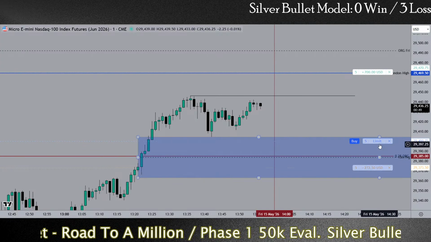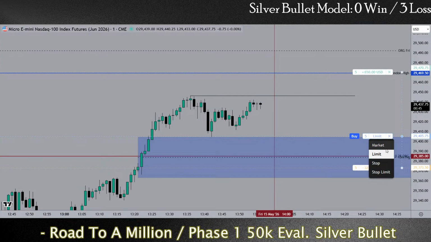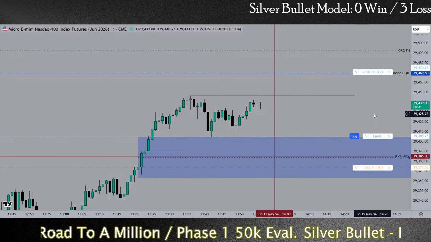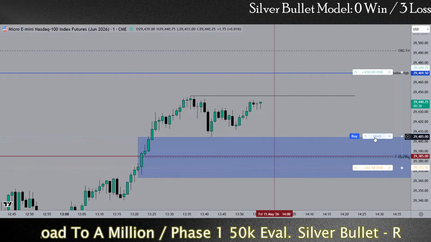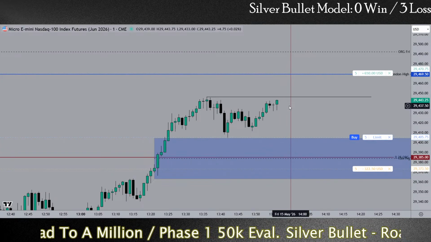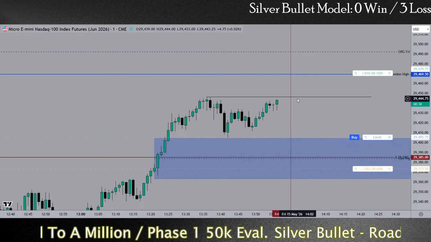Otherwise I can only buy with this one, either by limit or stop limit or market. So yeah, limit is always best if it can be afforded. But yeah, 4 minutes, and we'll see what we get.